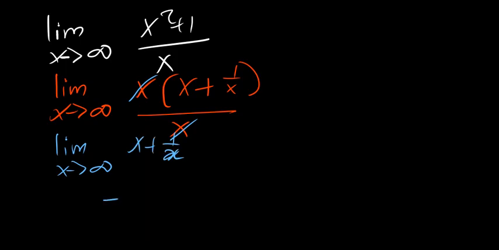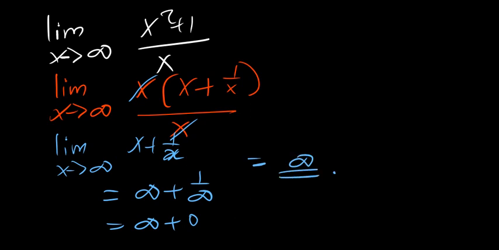Now I plug in the values, I'll have infinity plus 1 over infinity, infinity plus 0, and the answer becomes infinity. It's not complicated. As long as you follow the simple principle, then it becomes interesting.